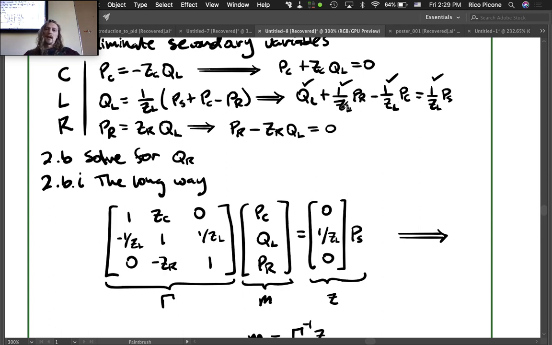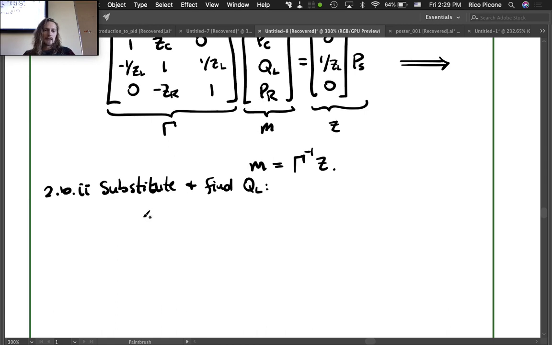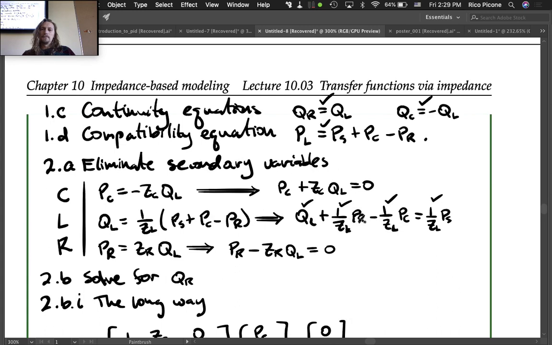So we're going to end up with a bunch of QLs on the left-hand side. So let's just do that. So we have QL plus 1 over ZL times PR, right? But PR is just going to be ZRQL.